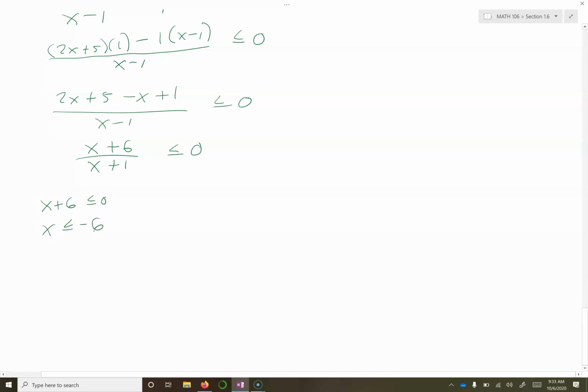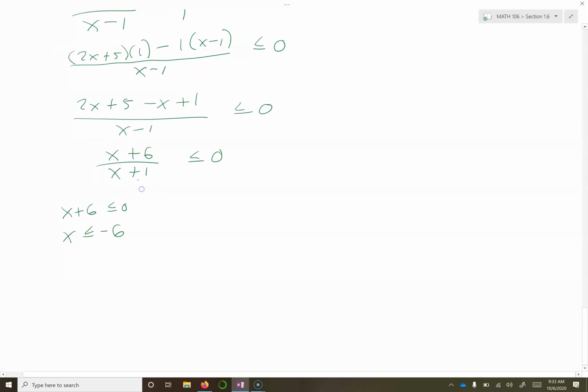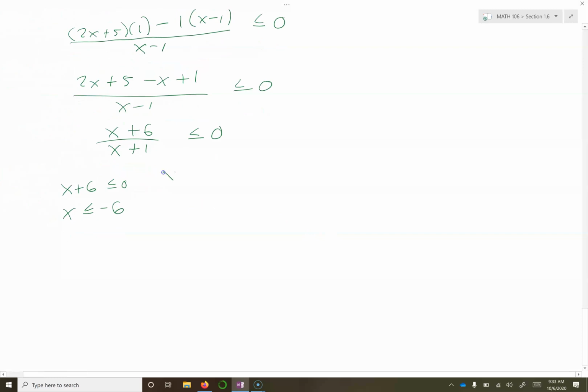So we have to have negative 6 on our number line. But we also have to have 1 on our number line, right? Because that would make this thing undefined. So we know that can't be a part of the solution. We can't have it in the solution. Okay?